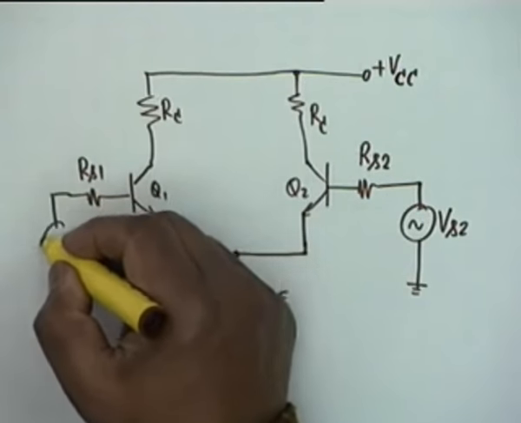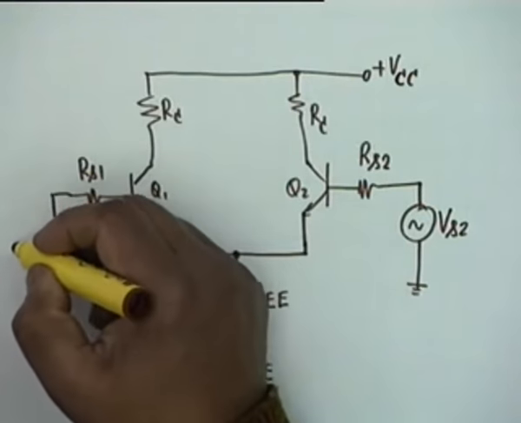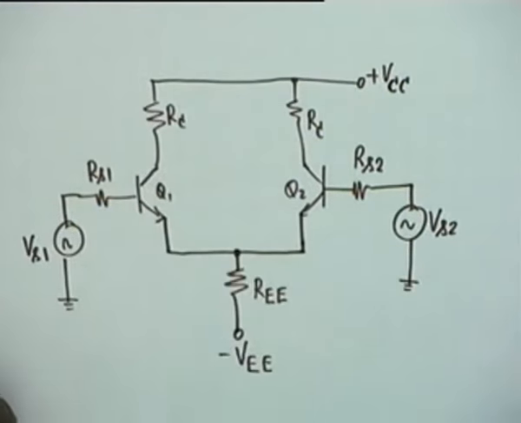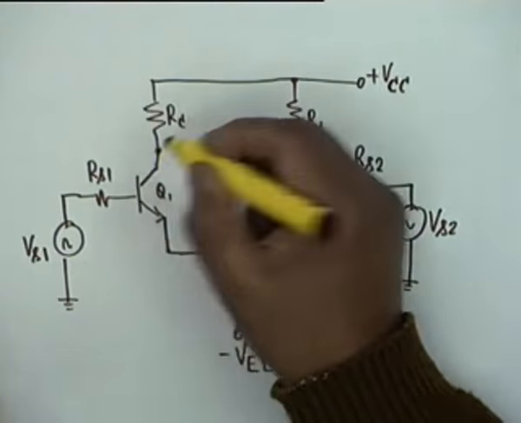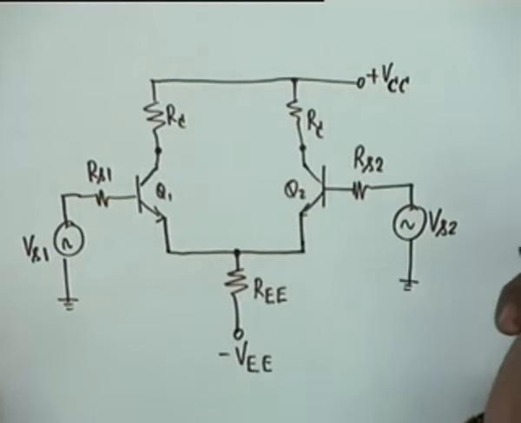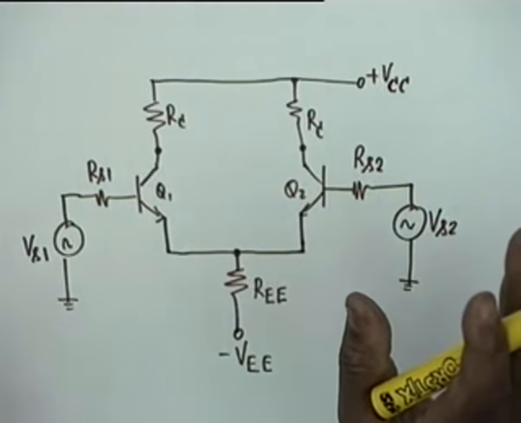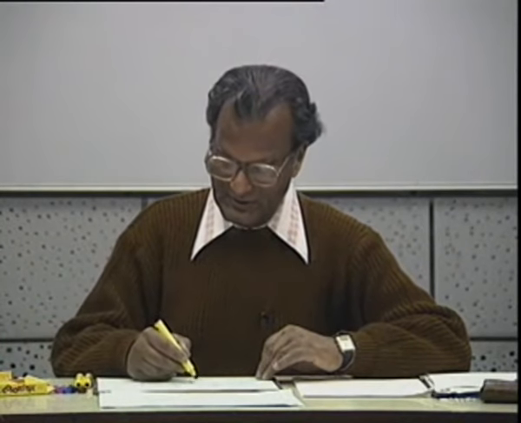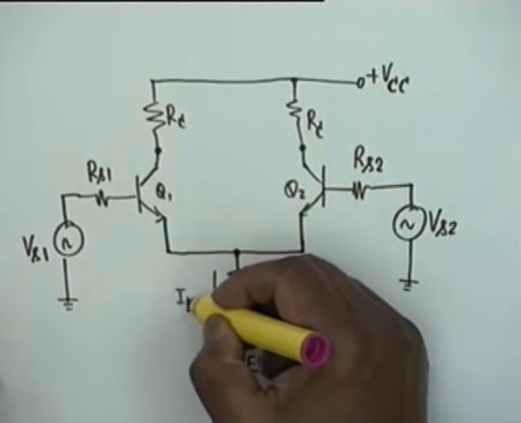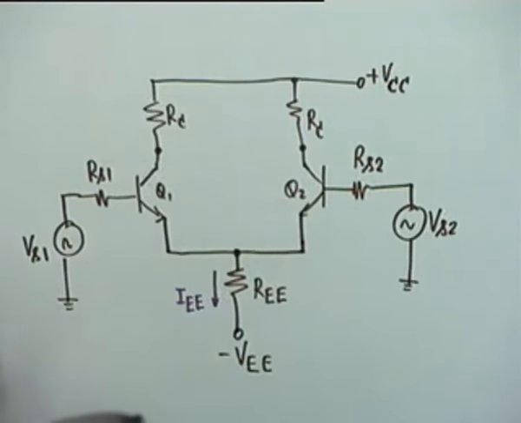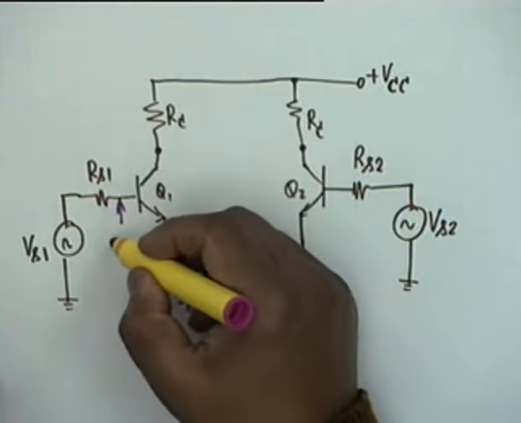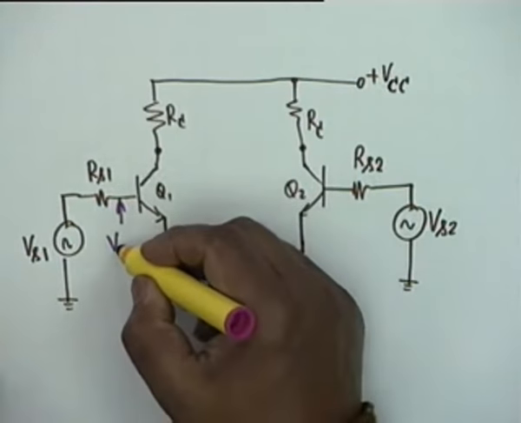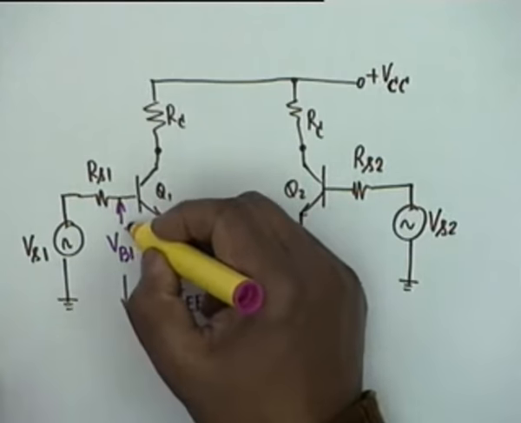These are the two inputs, inverting and non-inverting. We will see later which is which. They can be interchanged, depending on where you take the output. Now we shall first make a DC analysis of this total circuit. We will call this current I sub EE, the DC current. We will call this voltage capital V B1, between this point and ground.